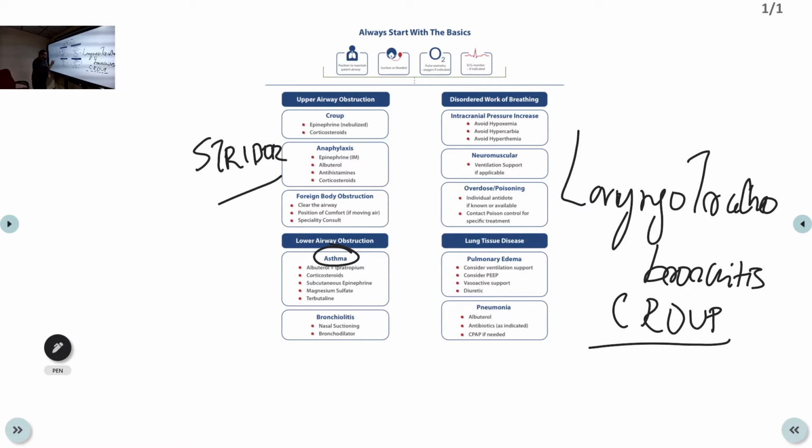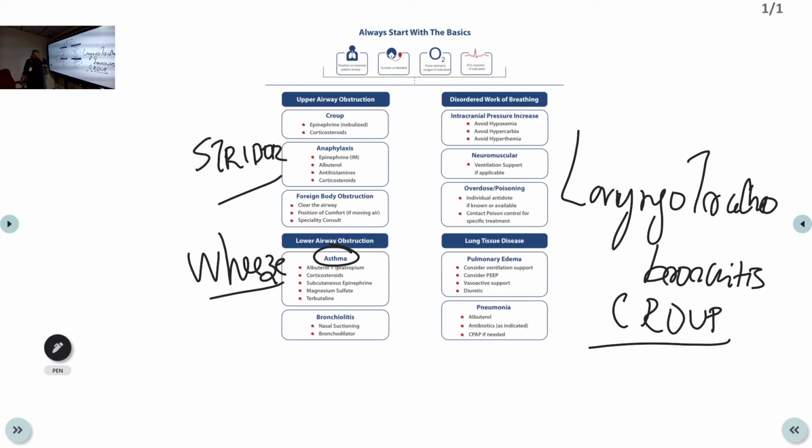So here what you will see is wheeze. Lower respiratory, you will have wheeze. Upper respiratory, you will have stridor. Two things that you need to remember are asthma and bronchiolitis. Asthma, just like any asthma, you need to give albuterol, which is salbutamol. In the US they will say albuterol, and in the UK they will say salbutamol. That's the only difference, both are the same drug.